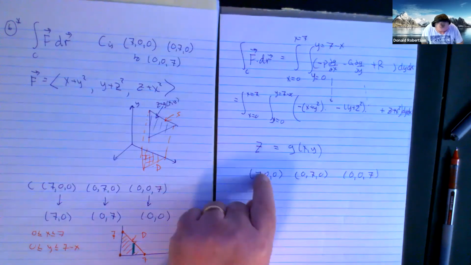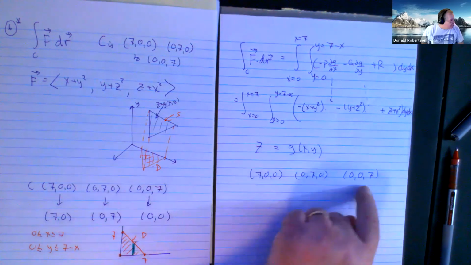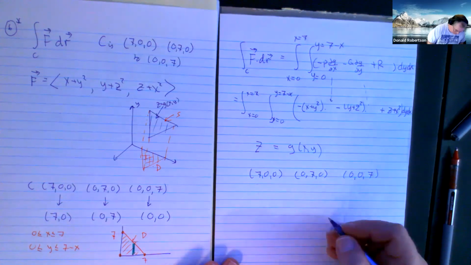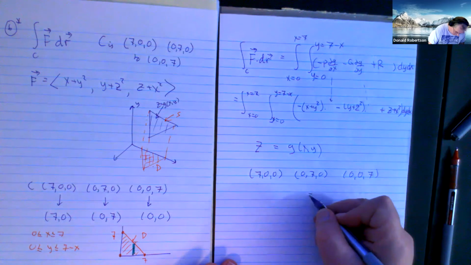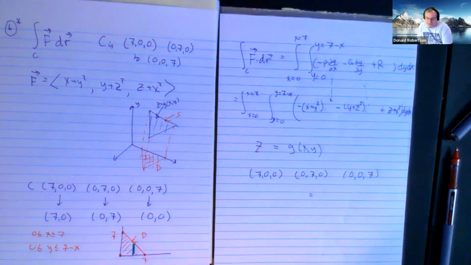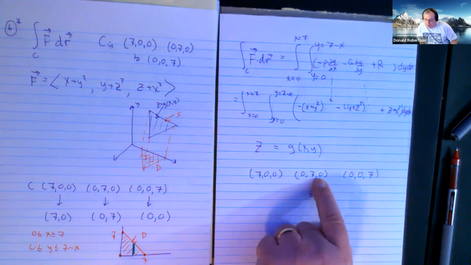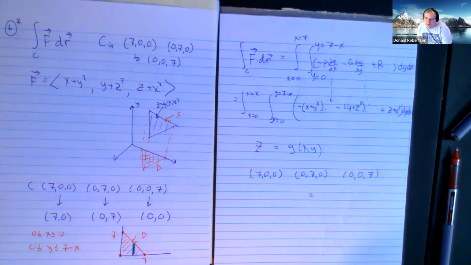Now, if you go and find the equation of the plane joining these 3 points, well, actually, can anyone tell me, just looking, what the equation of the plane is that passes through these 3 points? And don't overthink it.